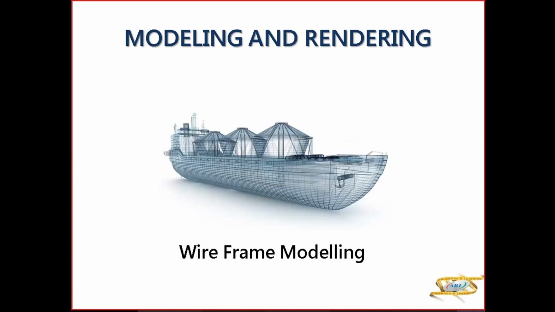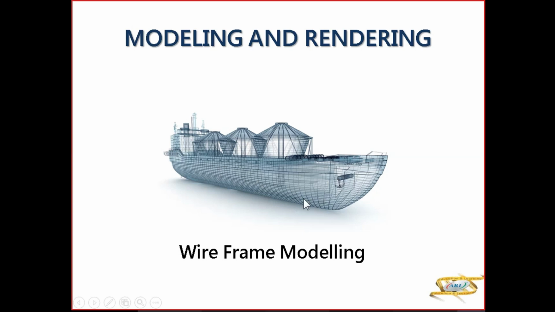I'll show you again what is a wireframe model. Now this is a wireframe model. You can visualize the appearance, but you can't see the surface. So this is wireframe modeling, and the hidden lines are not removed. Now, what are the hidden lines?